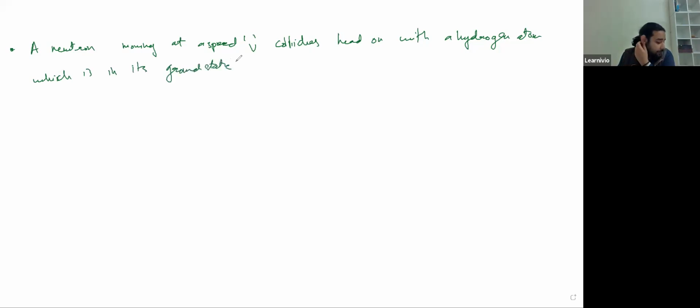So the atom is in its ground state, and you have a neutron that's literally just flying towards it.